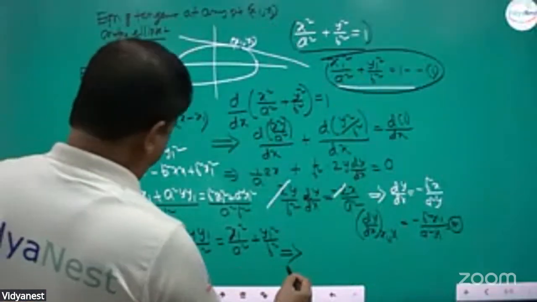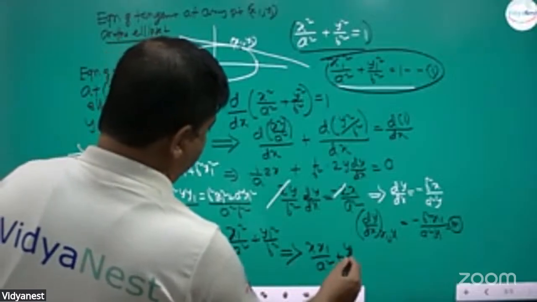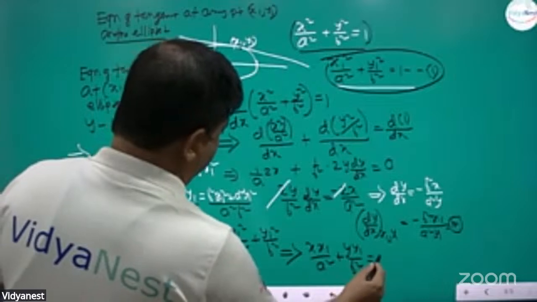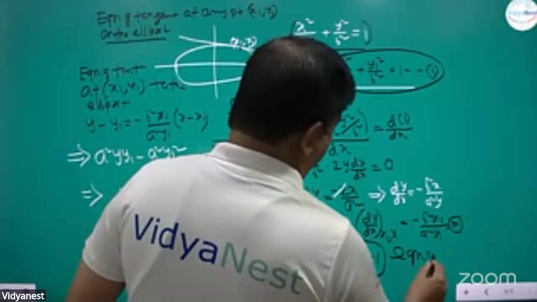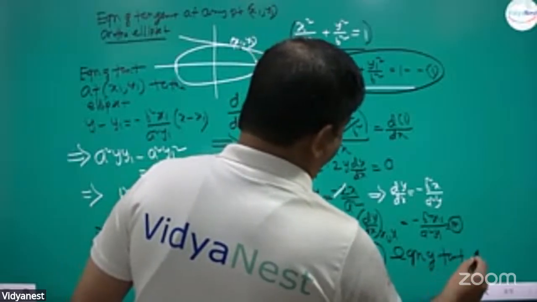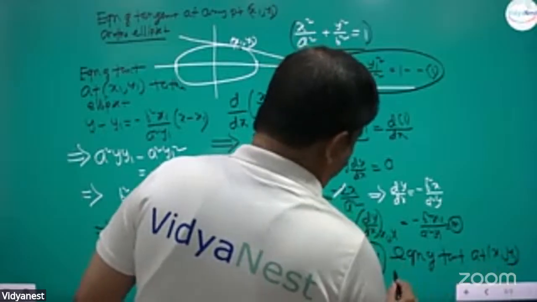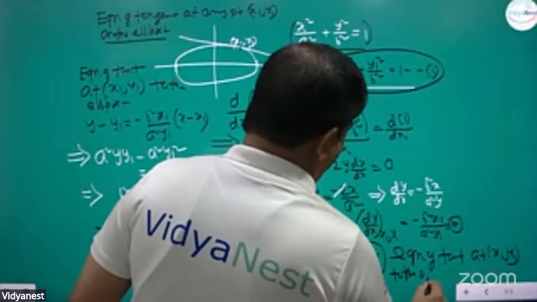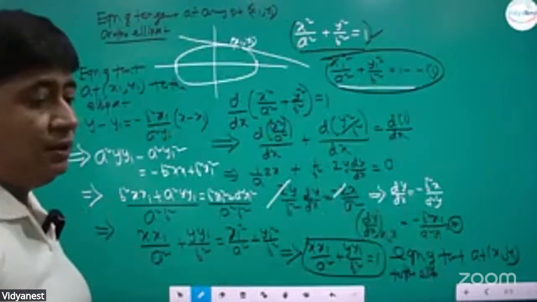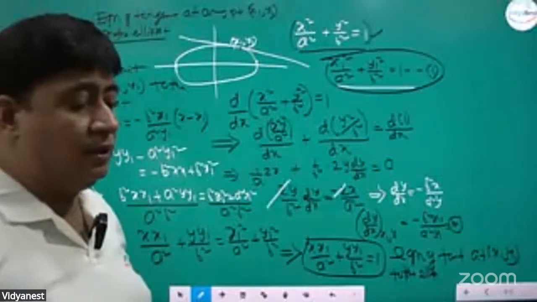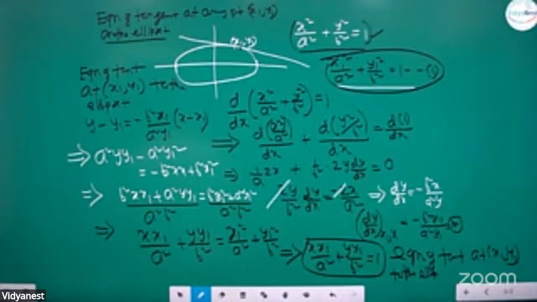So that is the equation of tangent at x1, y1 to the ellipse. This is the equation of tangent. Is it that much tough? No, I think. No, sir. Good.